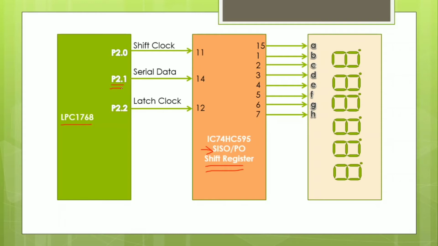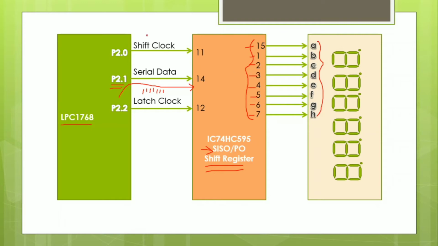From pin 2.1 you send serial data, one after the other. This data will be sent to the 7 segments using parallel data lines. Look at it from 15. It starts from 15, 1, 2, 3, 4, 5, 6, 7. These parallel lines will send the data to A to H.